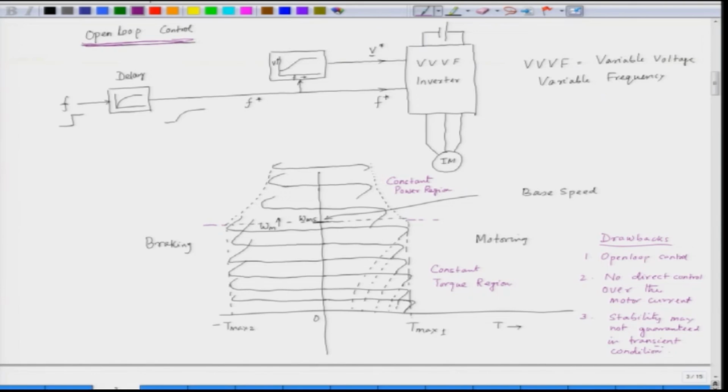So, we are only changing the frequency in the open loop and the voltage is changed in accordance with the frequency. We do not know what the motor current is. It may so happen that the motor is overloaded. It may be drawing a large current, but there is no clue whether it is overloaded or not.